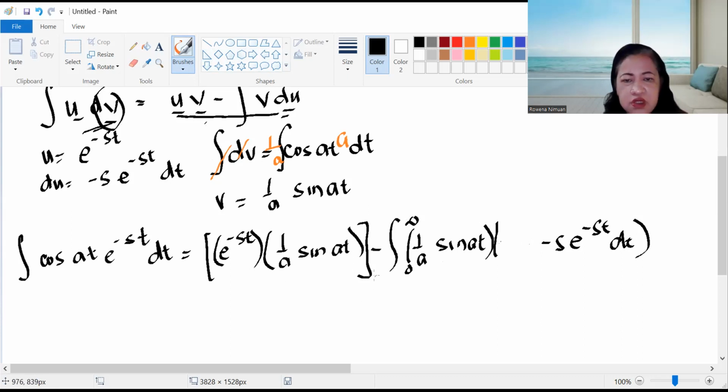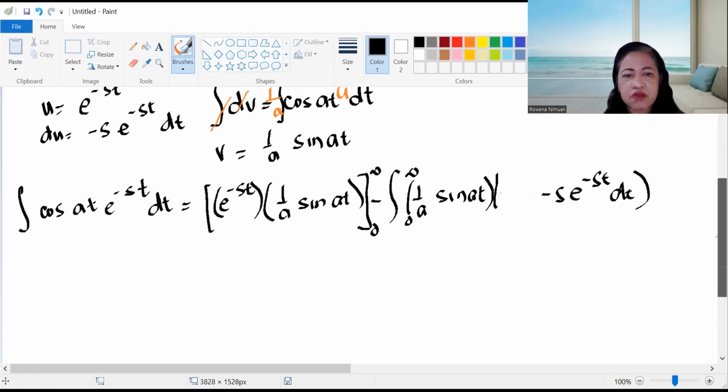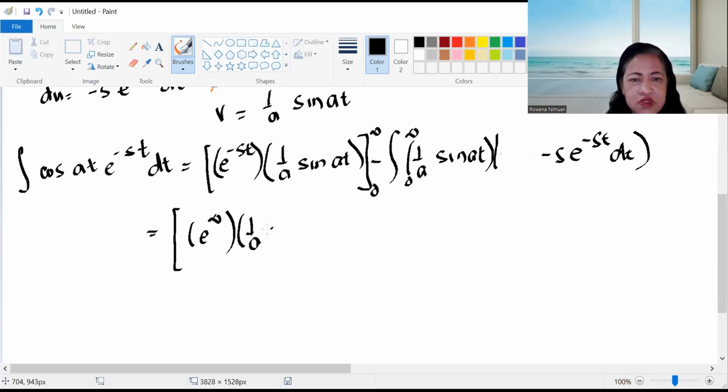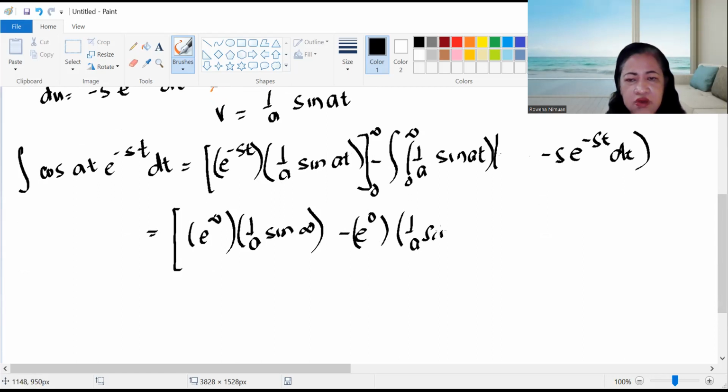If I have to evaluate the first term, that should be equal to, if I substitute, e to the infinity times 1 over a sine of infinity, minus e to the 0 times 1 over a sine of 0.